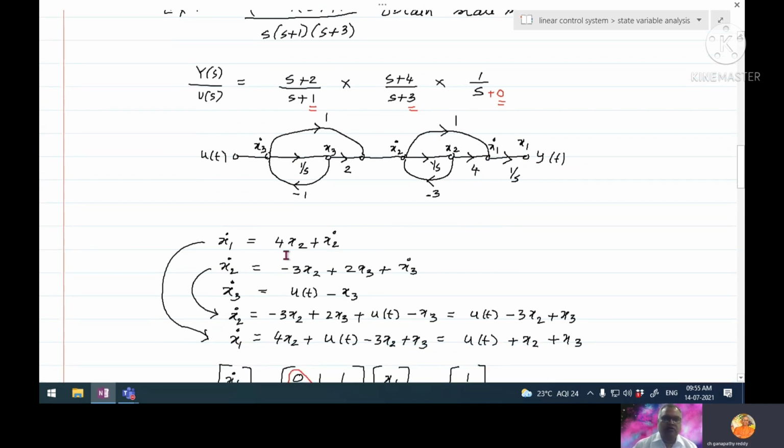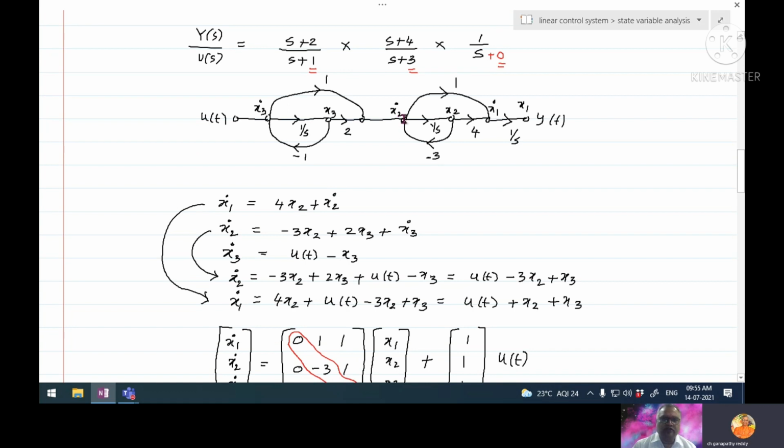That's all. Now the equations. What is x1 dot? The x1 dot equation is 4 into x2 plus x2 dot. Observe here: this output x1 dot is equal to 4 into x2 plus x2 dot into 1. So x2 dot. This is the first equation.